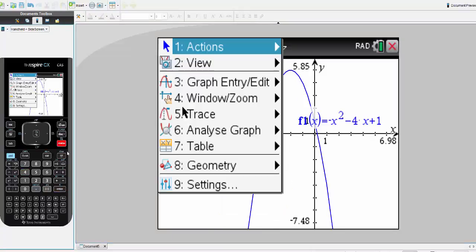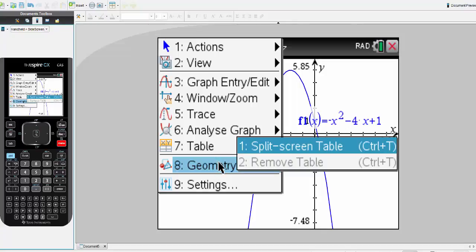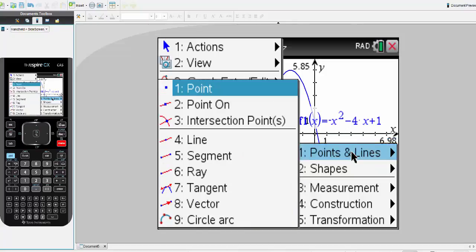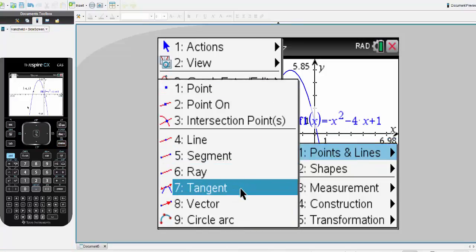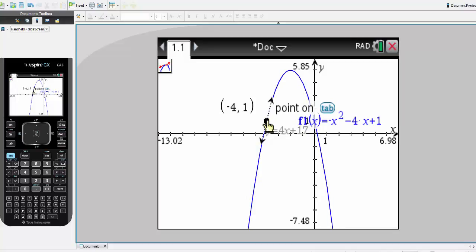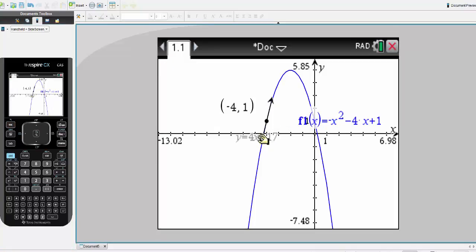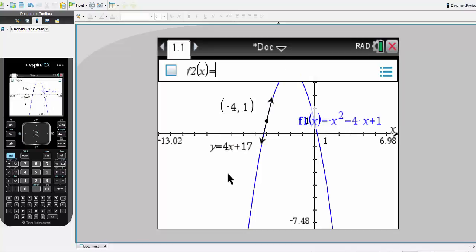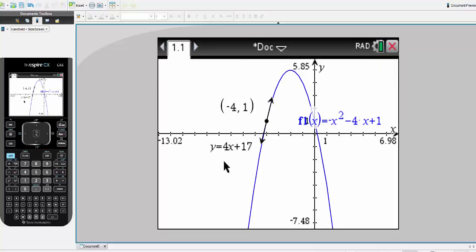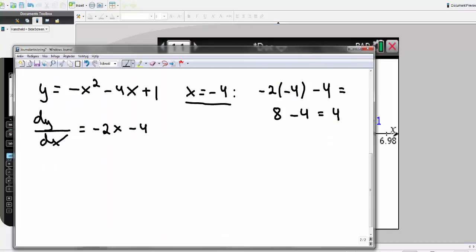Now I'm going to use geometry again and points and lines and draw the tangent. Click on the point and there we go. And I can click escape to go out of this tangent drawing mode, and then I can move this equation. And if I look at the coefficient in front of x, it's 4, and our value for the slope was also 4, so it's all correct.